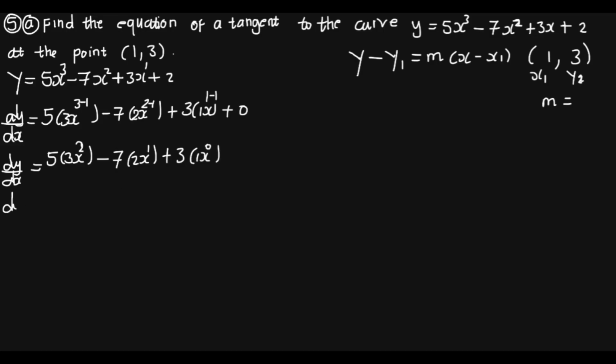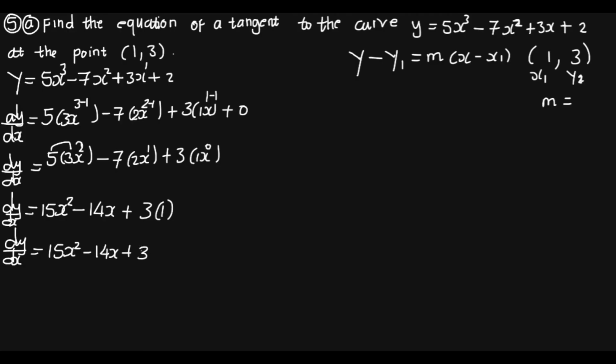Then we have dy over dx is equal to, we can now expand, 3 times 5 is 15x squared minus 7 times 2 is 14x raised to the power 1, plus, now here x raised to the power 0 is same as 1, so this is same as 3 times 1. So dy over dx is equal to 15x squared minus 14x plus 3.